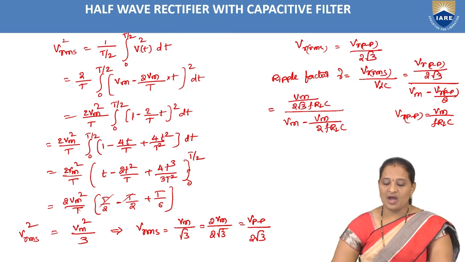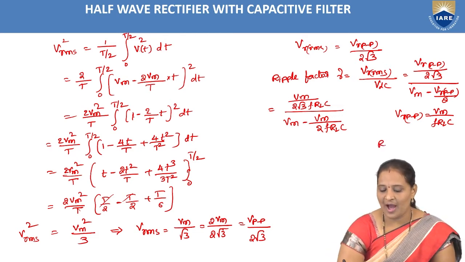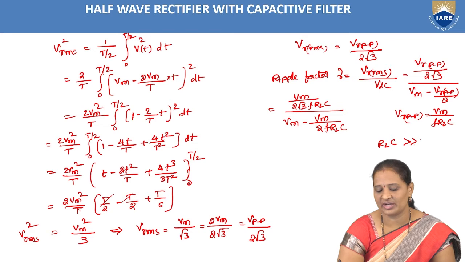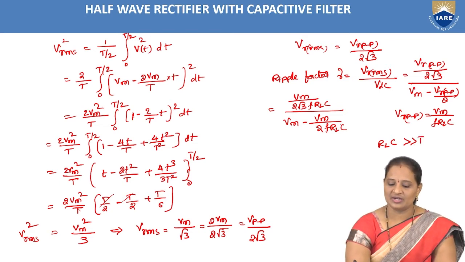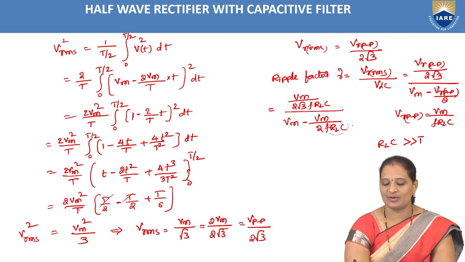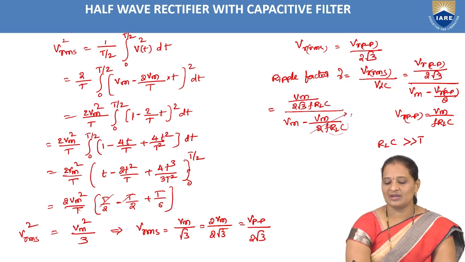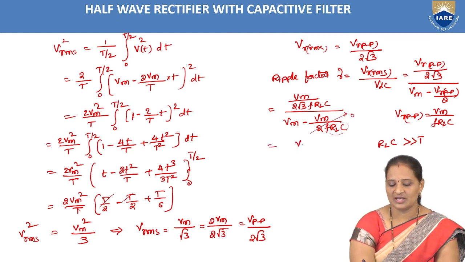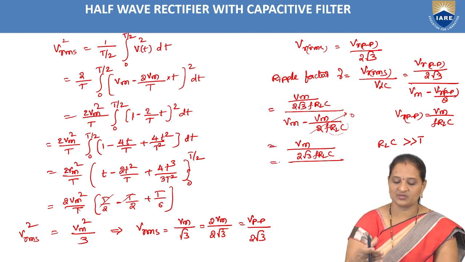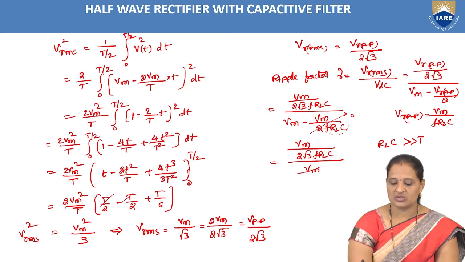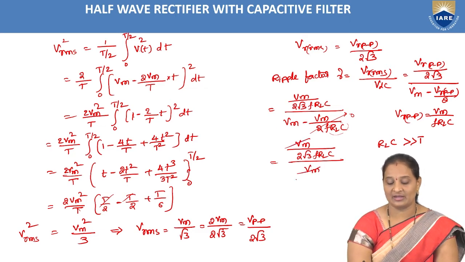Now we already know that RL into C is very much greater than T, so that means it is a very high value. In that case, I can neglect this one. So this equation becomes Vm by 2 root 3 F into RL into C. As I have neglected this one, I can have only Vm in the denominator, so it gets cancelled.